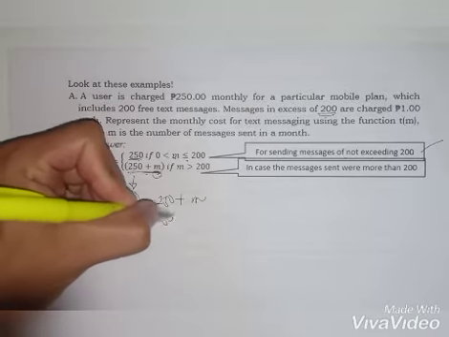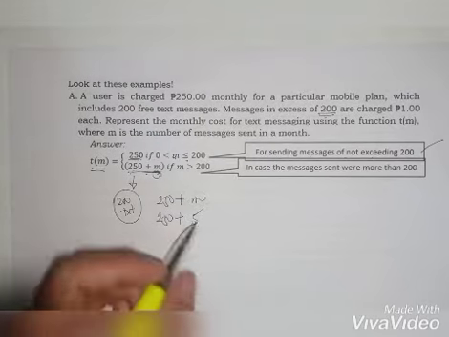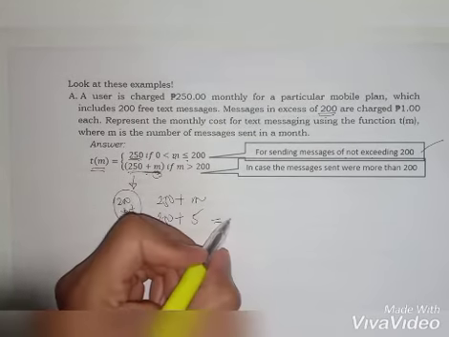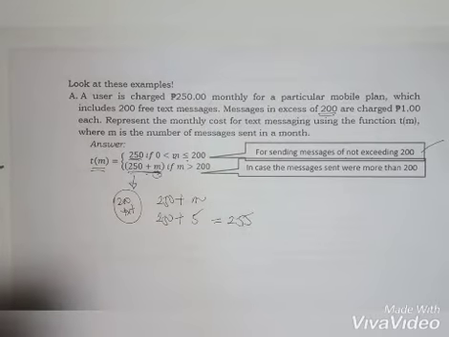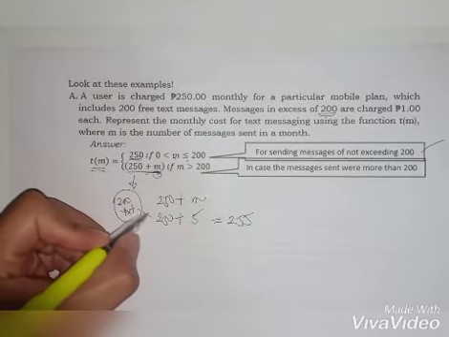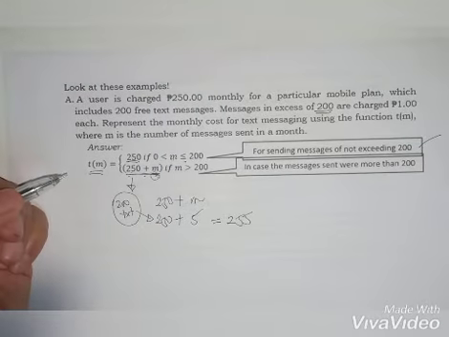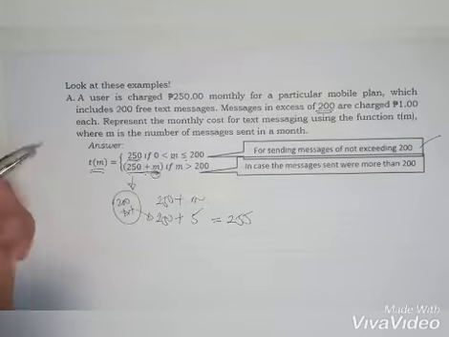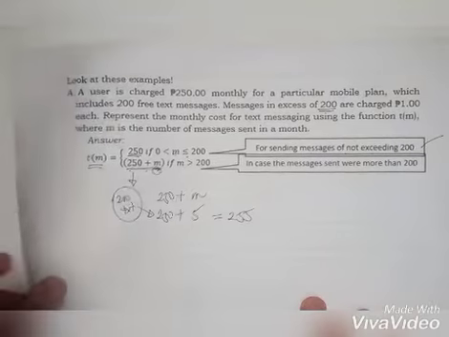So 250 plus 5 exceeding messages, you are going to pay 255. Take note, this is 200 text messages, 250 is the payment. But if it exceeds, 5 peso, 1 peso per text message, and that is 5.